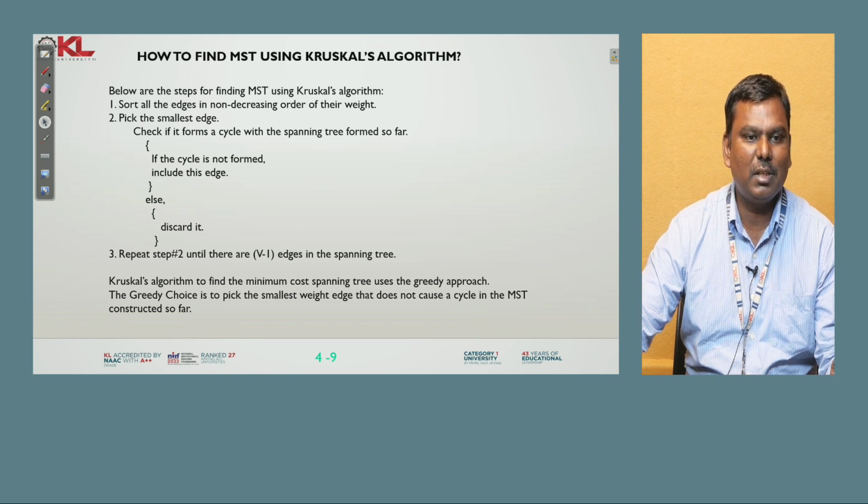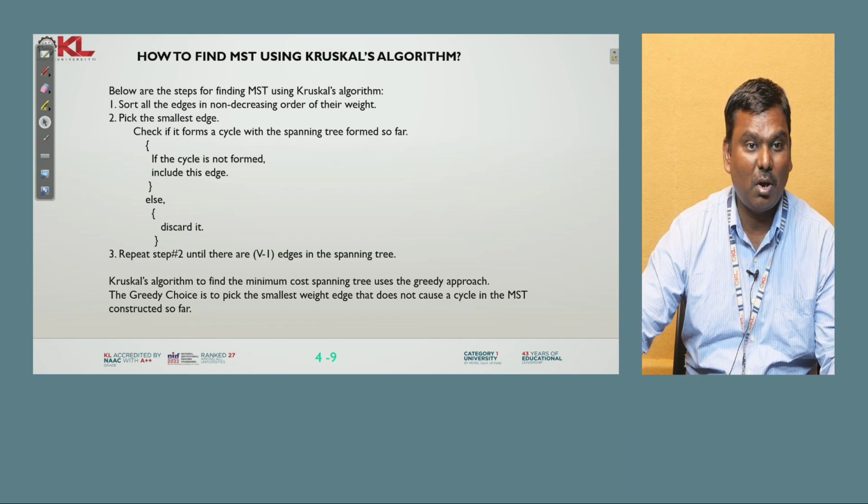So we can describe it in 3 steps. What are those 3 steps? First, sort all the edges in non-decreasing order of their weights. Second, pick the smallest edge.